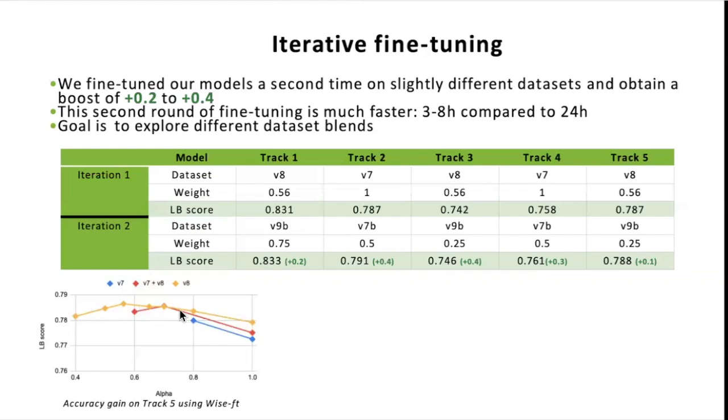And this is some of the exploration they share, using different combinations. Each V7, V8 over here just tells you a different fine-tuning data set, right? And alpha here comes from the linear interpolation of the weights. It shows that using different fine-tuning data sets and setting different alpha, you may observe different final performance. For example, if you use V8, the best alpha config will be around 0.55, I think.